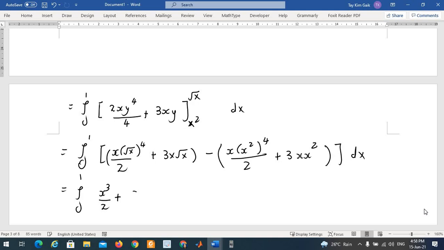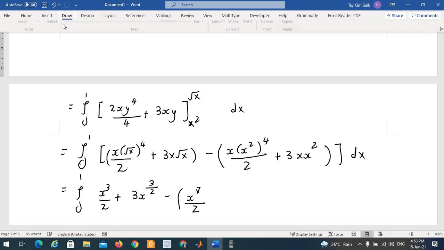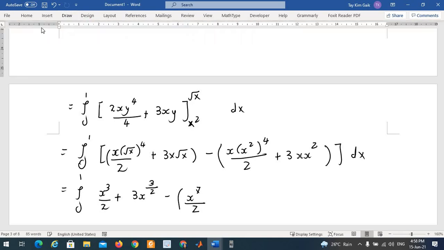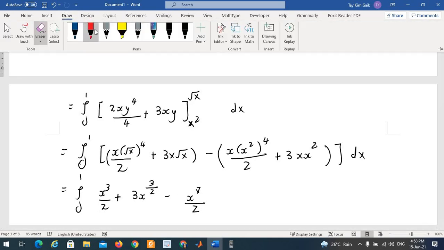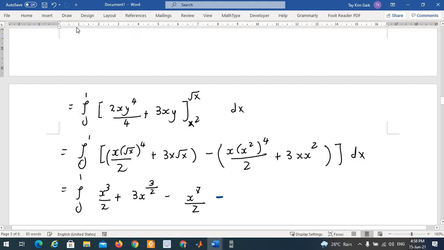This is 3x to the power 1 is power half, so power 3 over 2 minus, okay, we have here x to the power 4, 6 plus 1, power 7 divided by 2. Open the minus here. So we minus, this is 3x cubed.